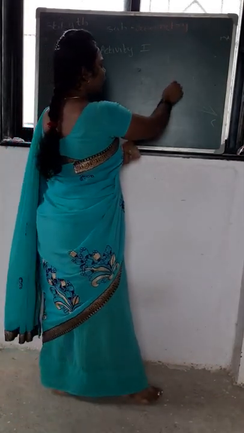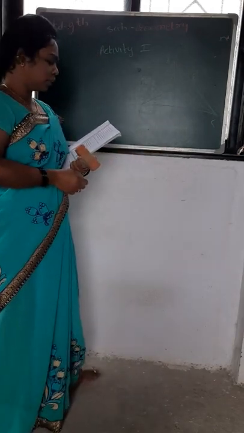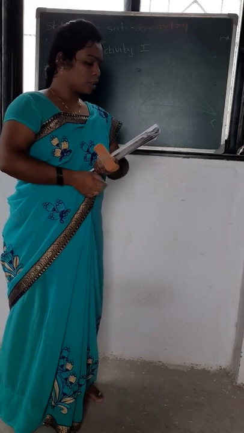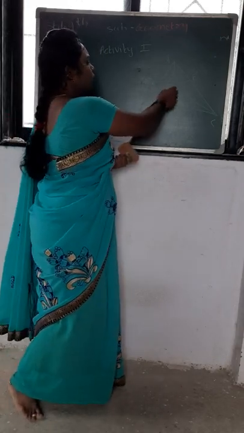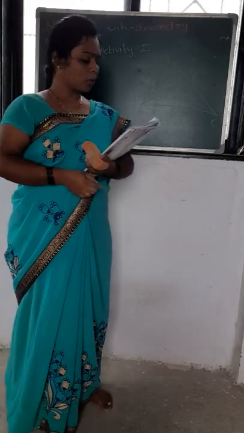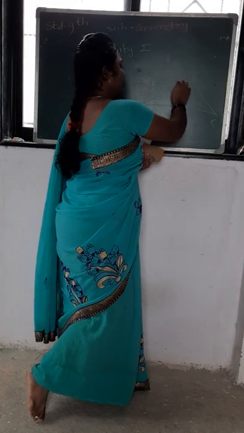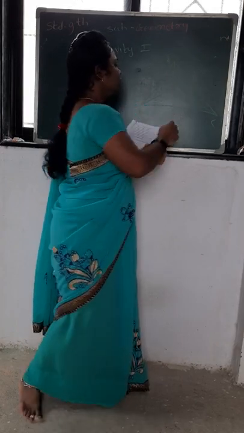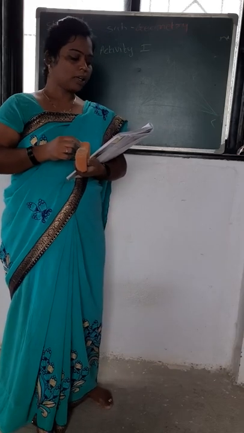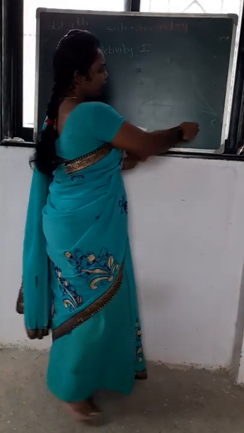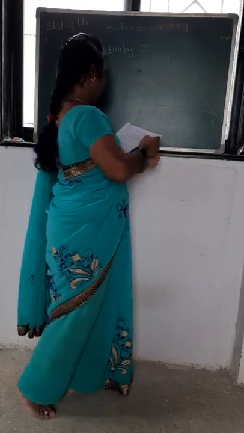Similarly, verify that the length of BG is twice the length of GE. And the length of CG is twice the length of GF.